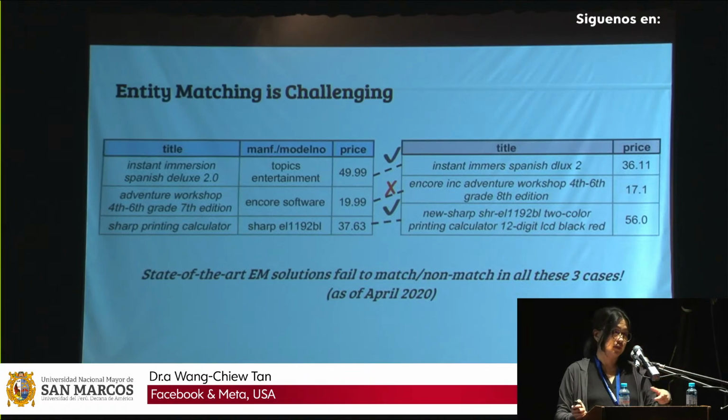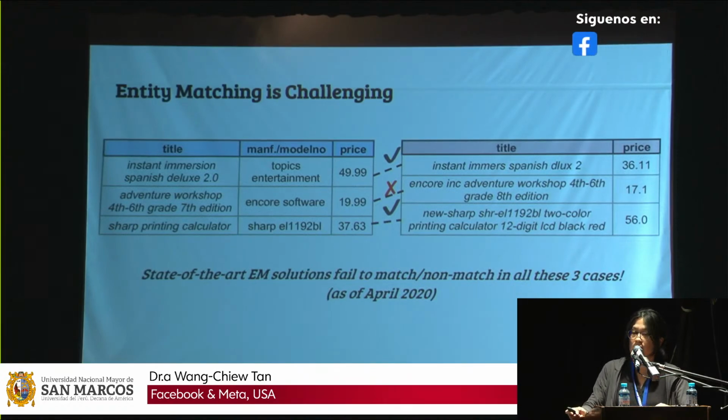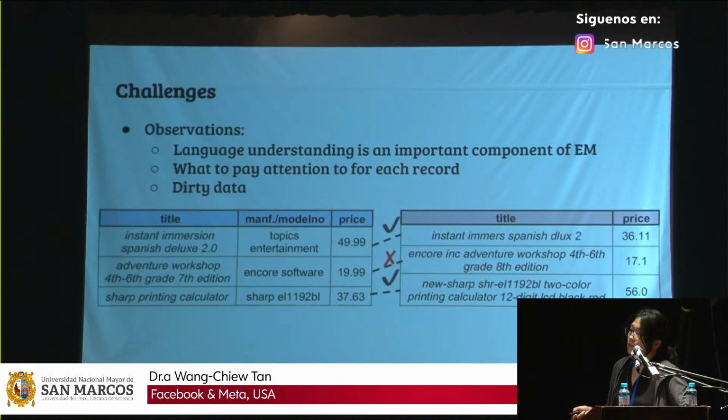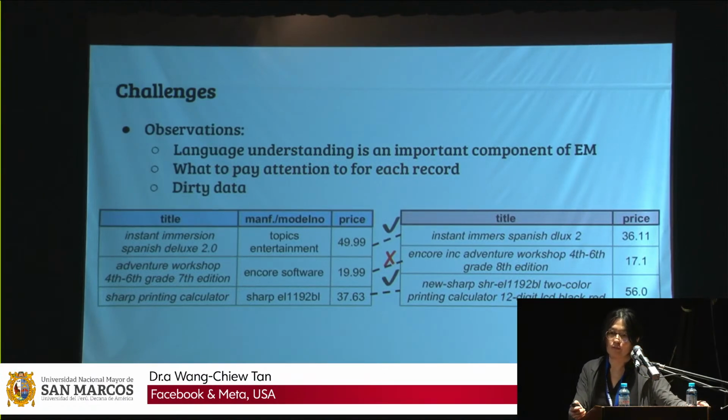When we were first studying the state-of-the-art entity matching solutions as far back as April 2020, none of the state-of-the-art entity matching solutions could determine any of these results correctly. And when we discovered that, we were studying the data of why they got the things wrong.